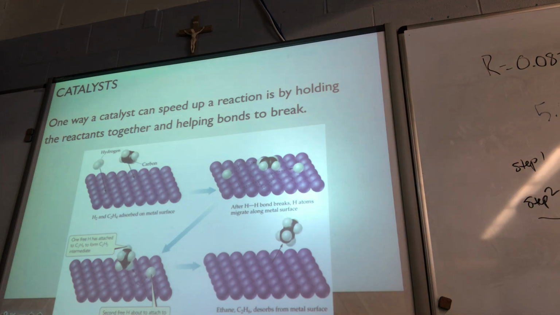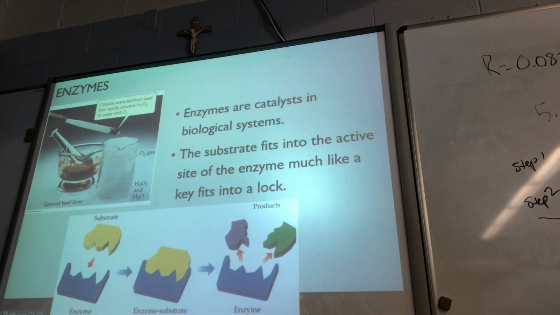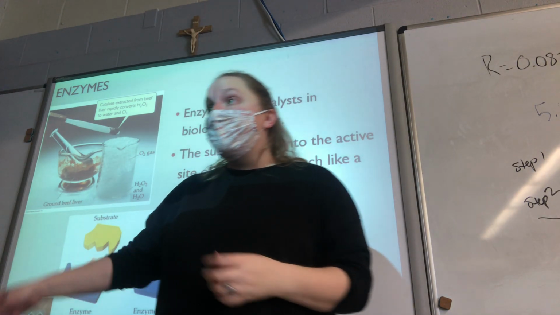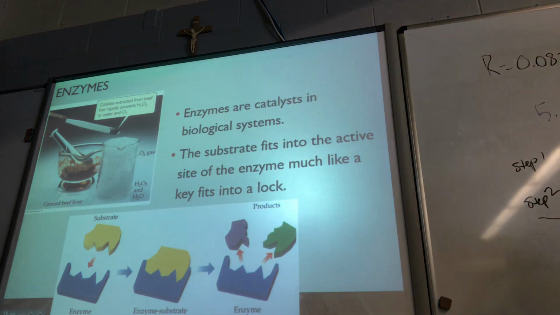They speed up a reaction by making it so that only the correct reactants can actually fit into their substrates. That's why it's called the lock and key model. The substrate itself, the thing that wants to break apart, has to be the specific shape that the enzyme has for it. Otherwise, it will not fit, and the enzyme will not let it use its space. This is what your body does all the time.